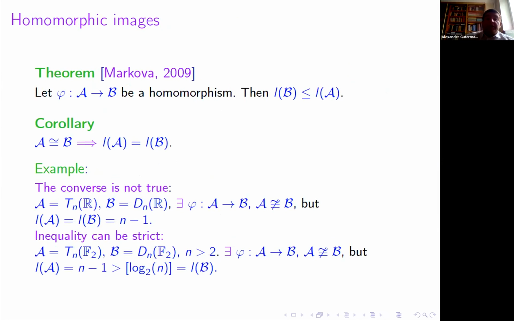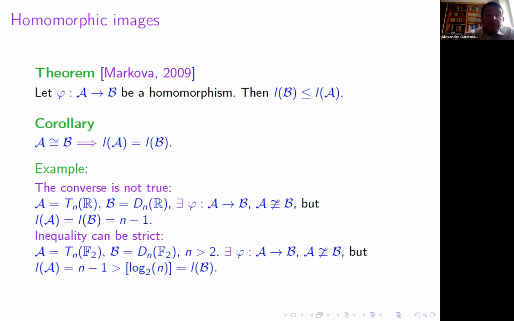I also would like to pass to other algebraic constructions briefly. For example, homomorphism. Length behaves well with respect to homomorphisms. So if we have a homomorphism, then there is a length bound. Even more, of course, isomorphic algebras have equal lengths, but certainly not the converse.